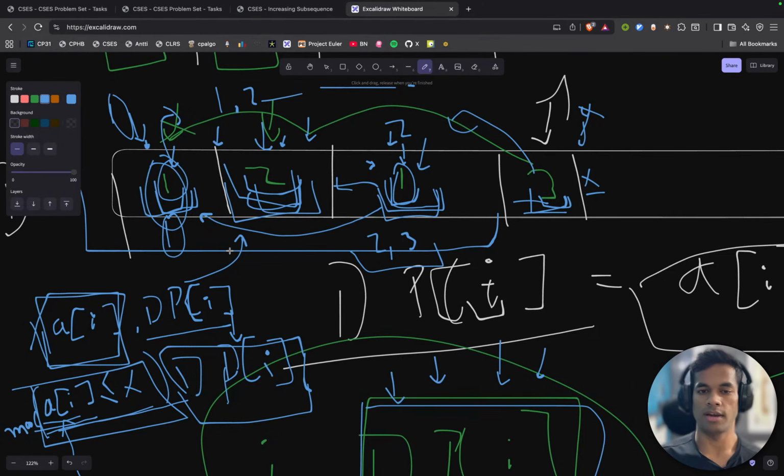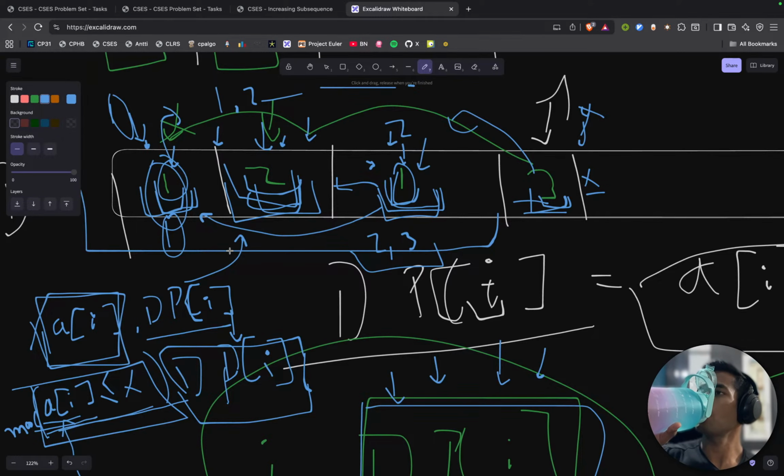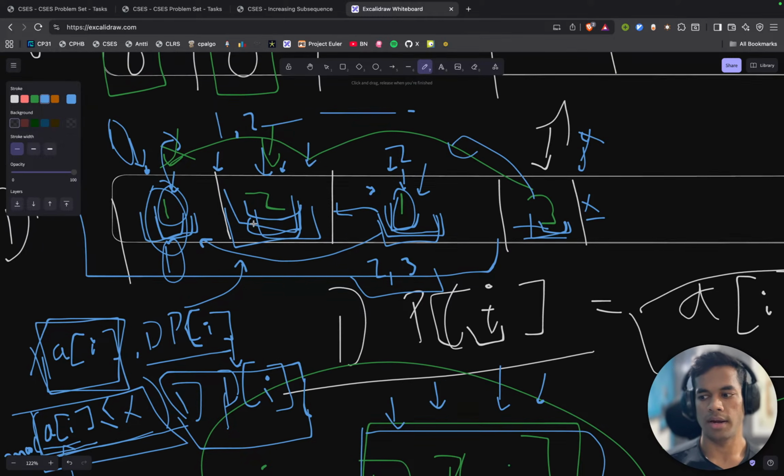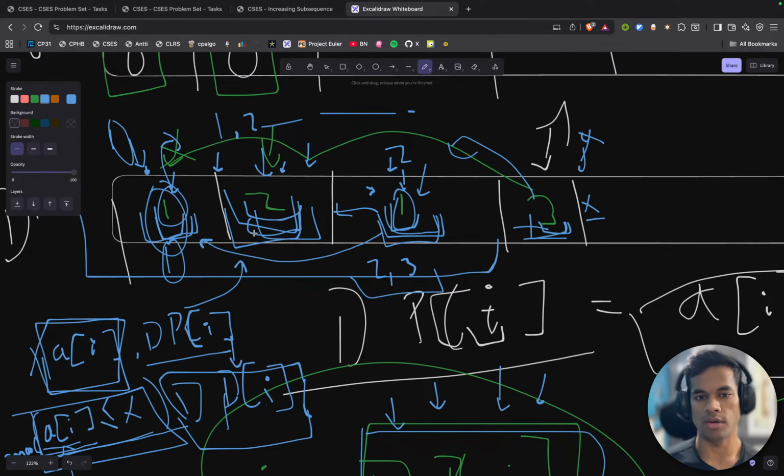Some choices are invalid. Wait, I think that is actually correct. And I can use a map to store this value. Yes, a map would be nice. Aha, yes, a map would be nice to store this.